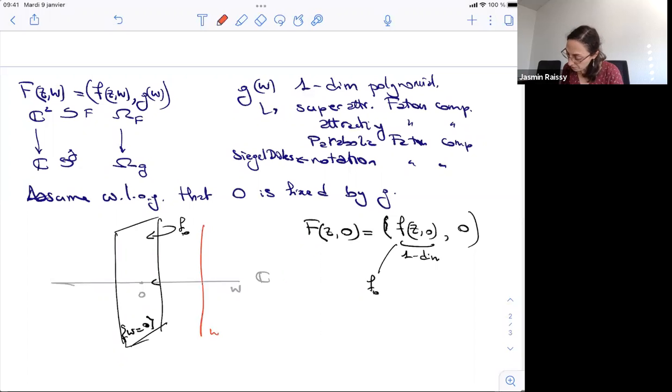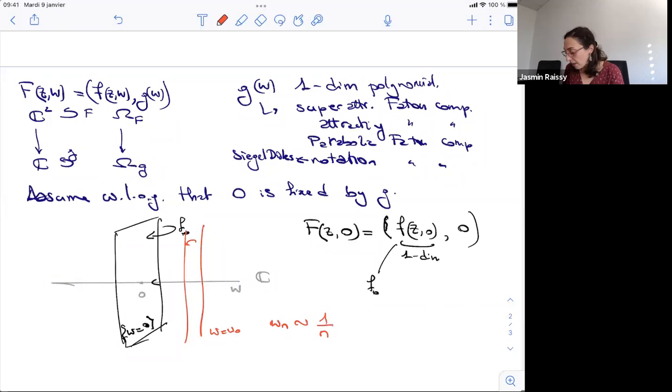I'm starting at w naught, and I will go towards 0, so towards the invariant fiber, but not too fast. So w_n is like 1/n, remember from what we said yesterday.